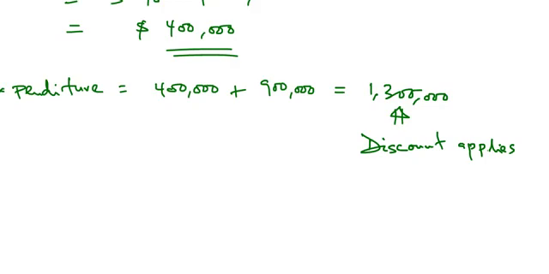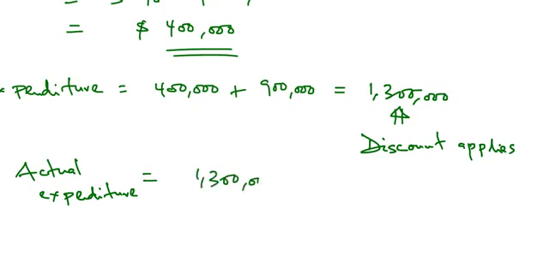Okay, so if the discount applies, that means the actual expenditure will be 1.3. We're given a 5% discount.